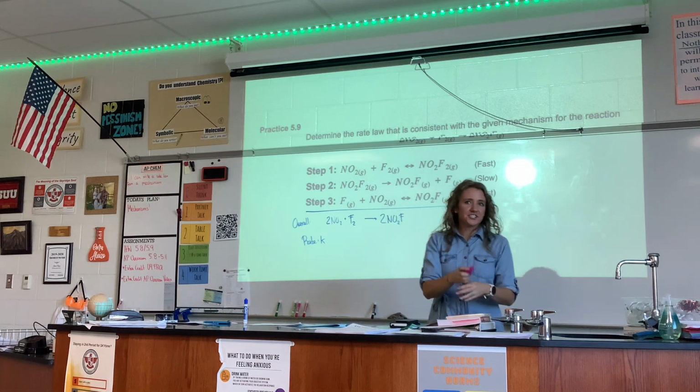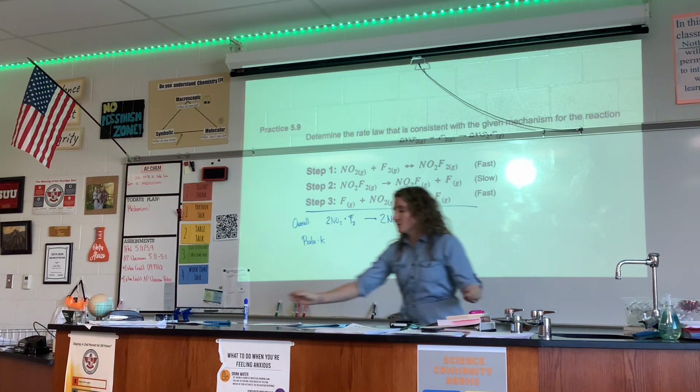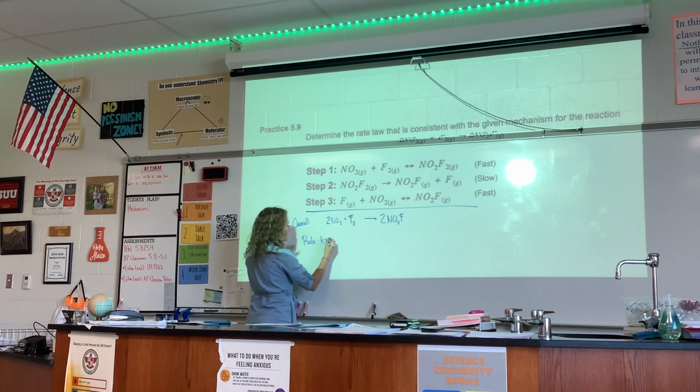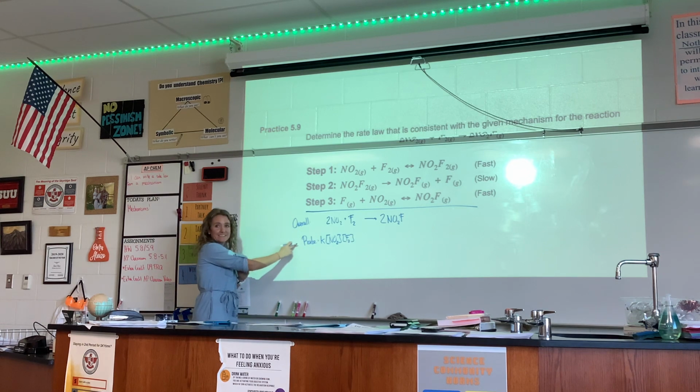Okay, I think I checked them all, but let's just go over really quick. So if you have this, you can have my smiley face. Your final answer should have been that the overall rate law is rate equals k[NO2][F2]. You have that, have a smiley face.